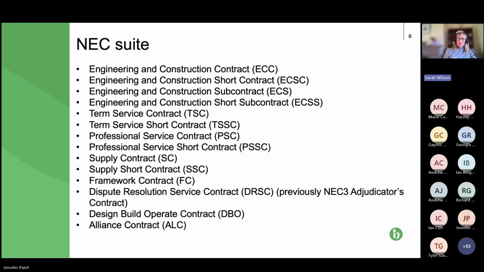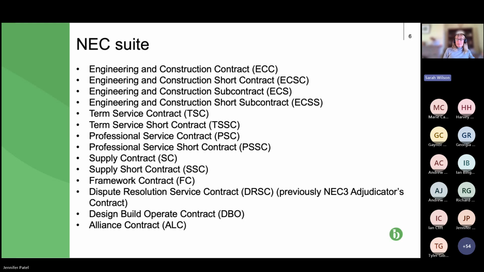And of course, as we saw in the first seminar, if you pick up particularly bullet 1, the ECC, the contract, and compare it to bullet 3, the EC subcontract, the clauses will be pretty much the same, save that the terminology is different. So, for example, you're not talking about client and contractor, you're talking about contractor and subcontractor. So obvious things like that have changed.